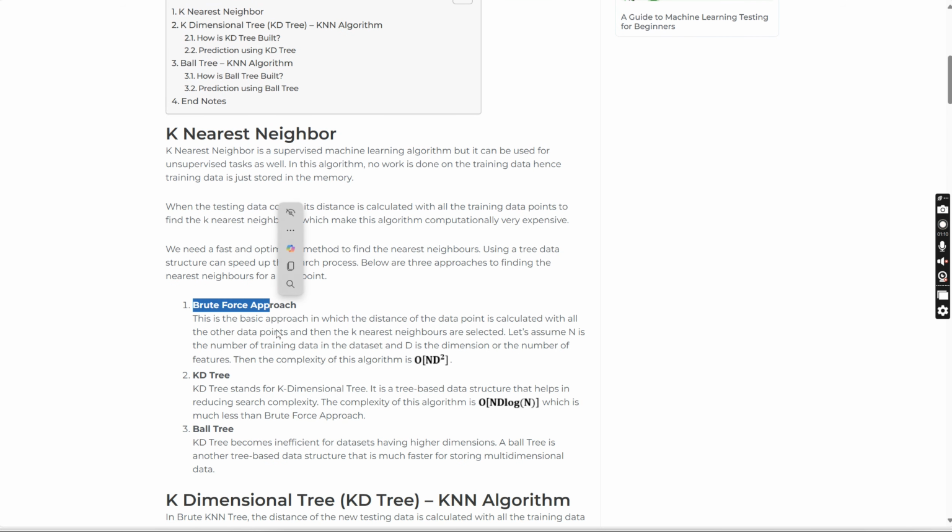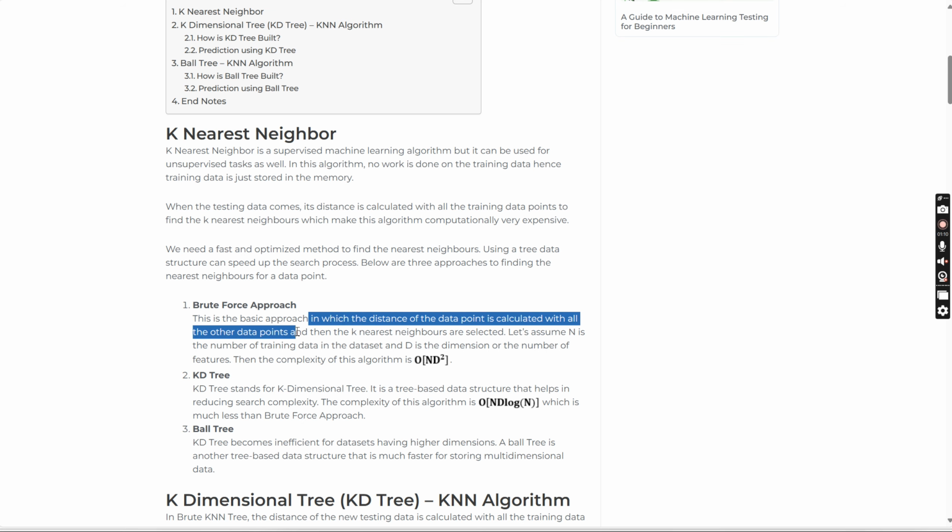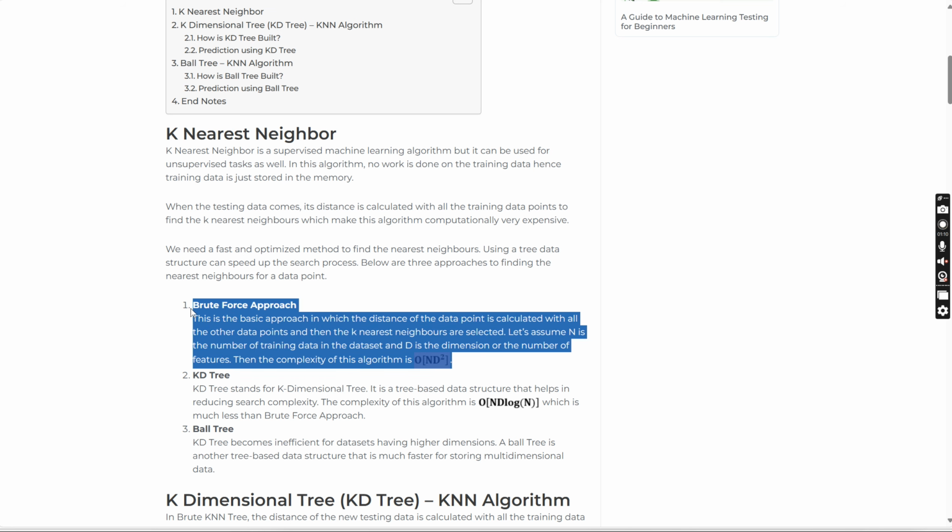In brute force, basically you calculate the distance of the data point against all other data points. So this is the difference. Just like what we did, hence the complexity of the algorithm, if you have d dimensions and n number of features, is very high, a squared complexity.